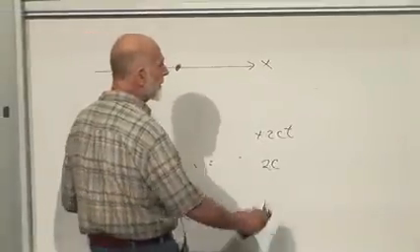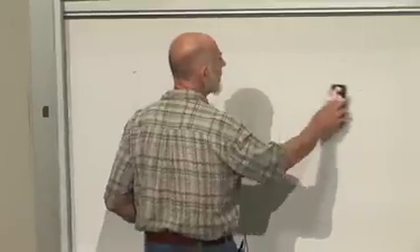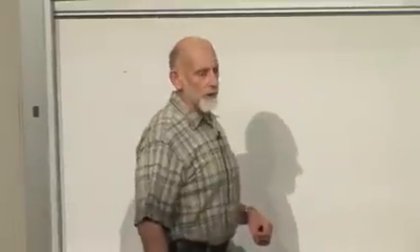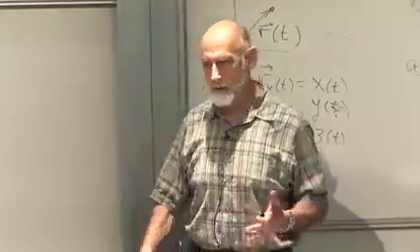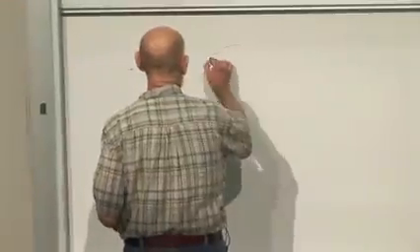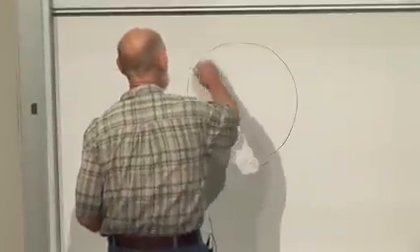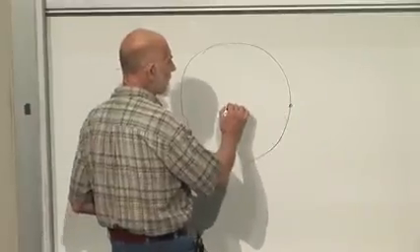What I want to do before we finish is one more example, which is more interesting, and it's circular motion. Motion in a circle. This will teach us something interesting and new. Let's think of a particle moving around in a circle. It starts at time t equals 0 along the x-axis.